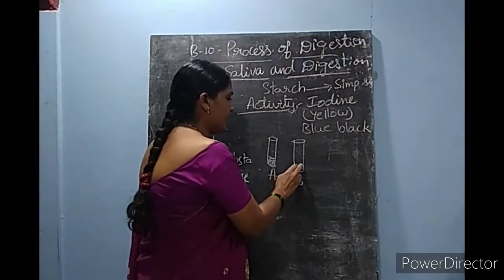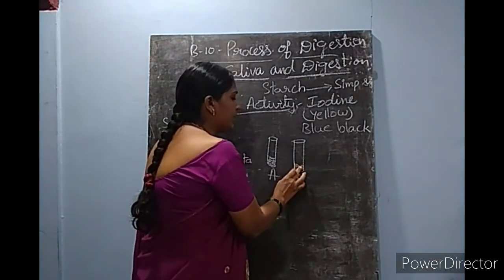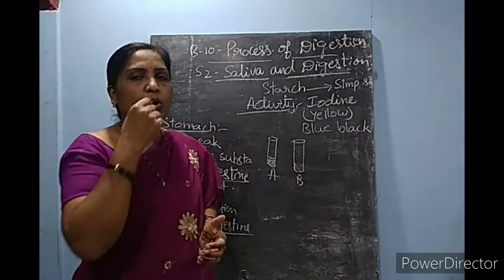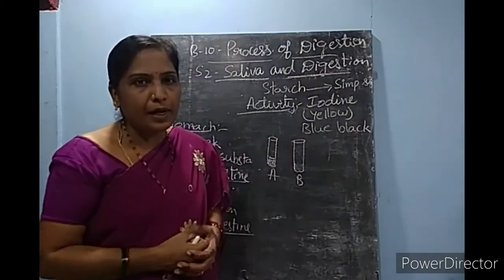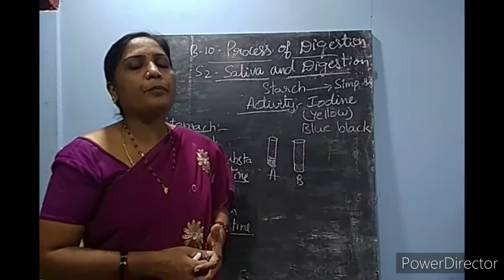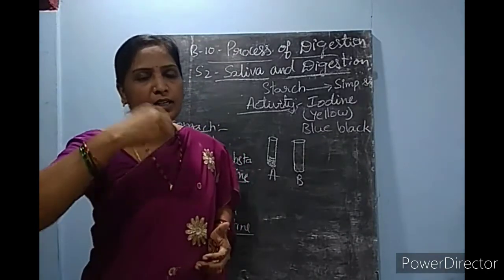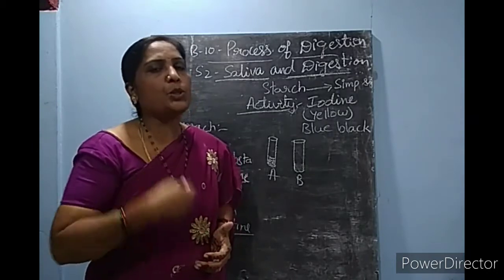In test tube B, first take the rice and chew it properly using your teeth and tongue, so saliva gets mixed while chewing.